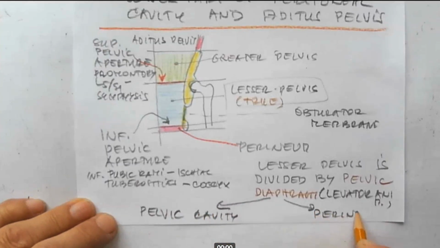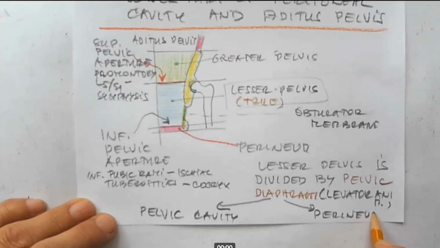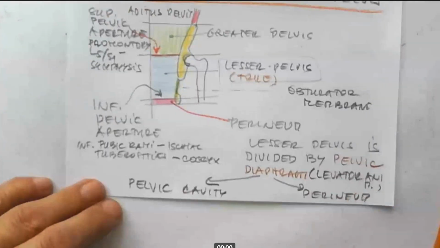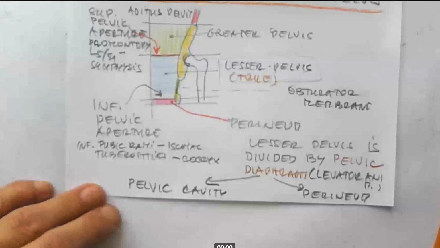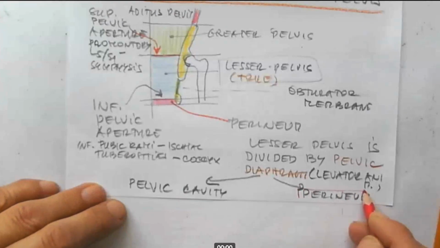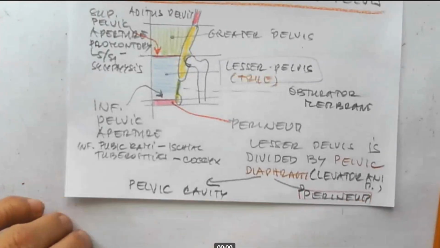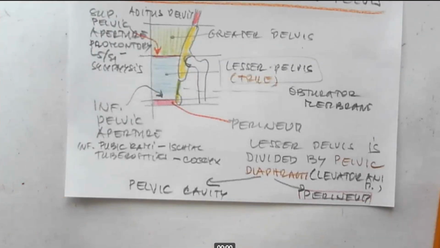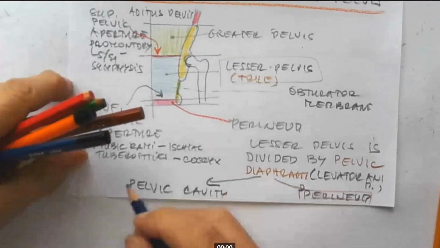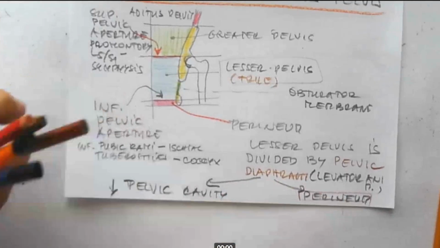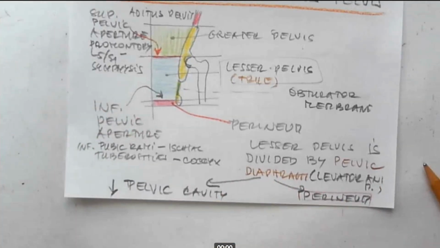So we said that perineum is specific. Perineum will be discussed in a lecture separately. So perineum and pelvic cavity. The pelvic cavity will follow in the short next review, on the next page also.